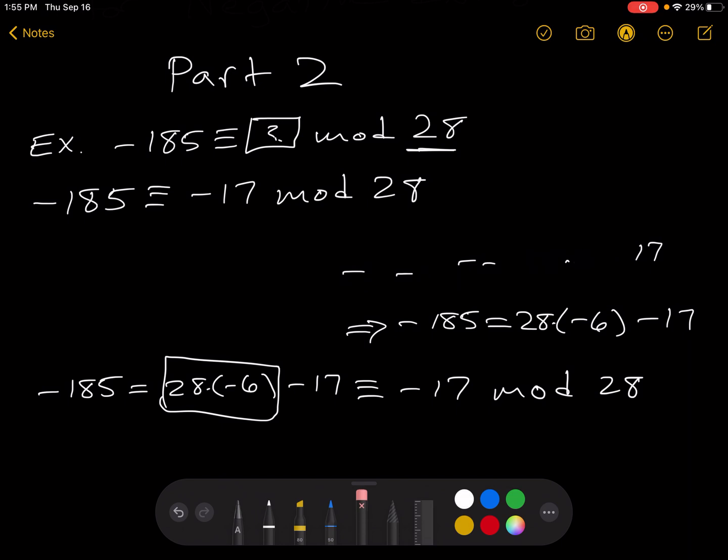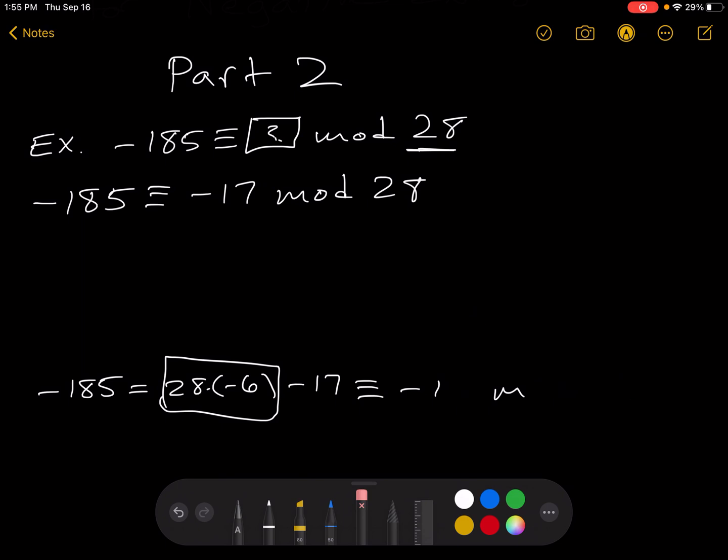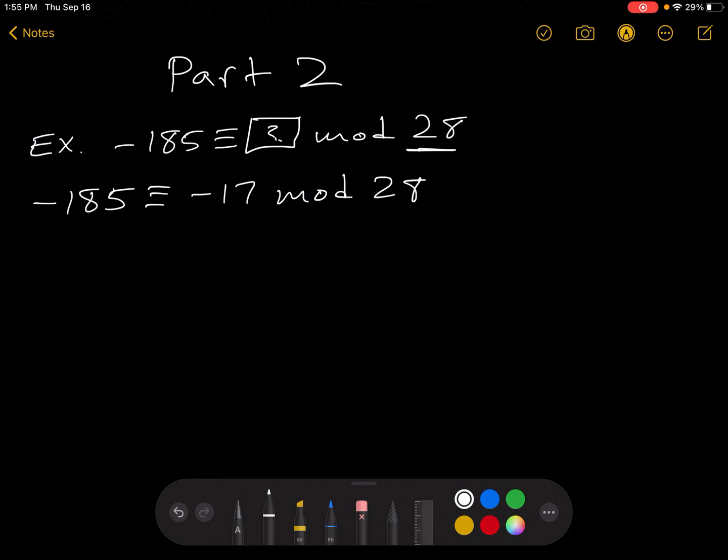I want a positive number or 0 in the range 0 to 27, because those are really the only numbers mod 28. How do we figure this out? Remember, this is cyclical, so you could draw a circle with the numbers, or just write out all the numbers.